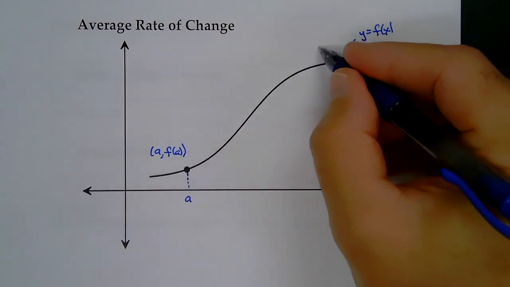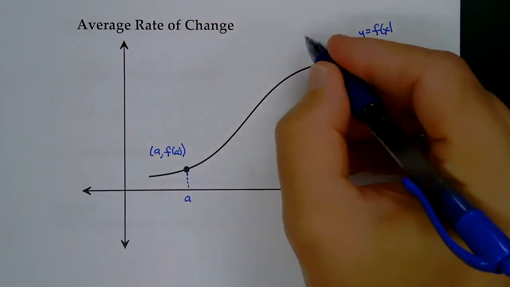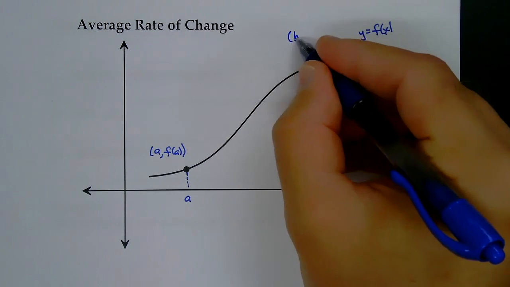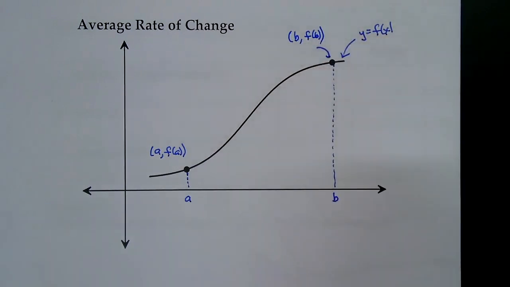And this point right here would be, since that x coordinate is b and we're putting it into f, b comma f of b. Okay, and if we draw a line between these 2 points, we can determine a slope between 2 points.